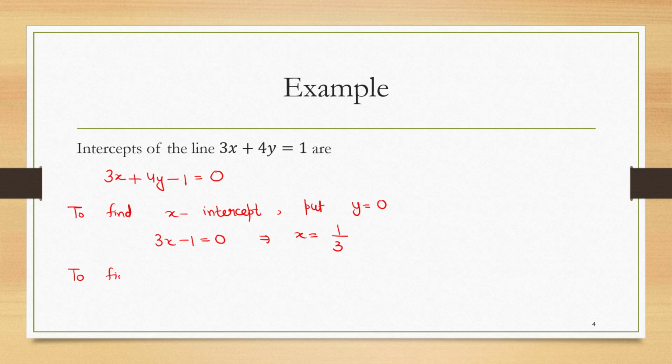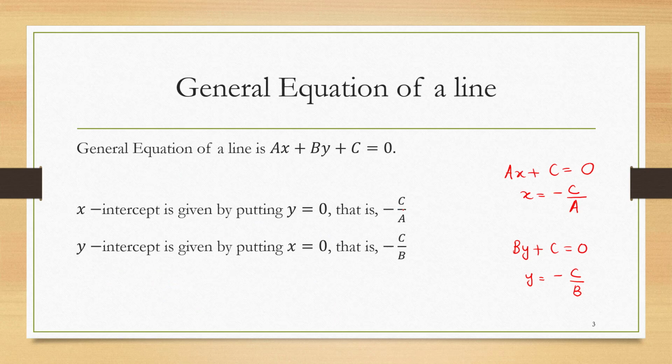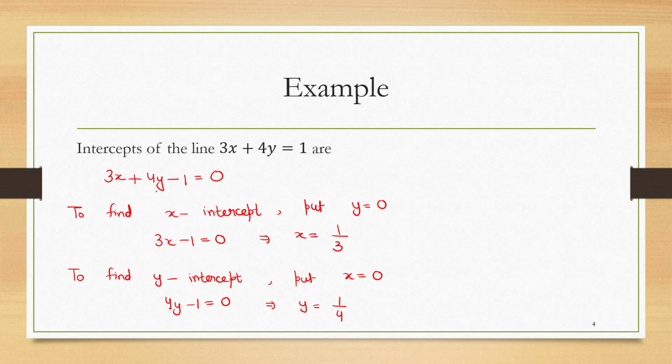Again, to find y-intercept, we put x equal to 0. If we put x equal to 0, we get 4y minus 1 equal to 0, or y is equal to 1 by 4. So this is the y-intercept. By not putting and directly using these formulas, that is minus c by a and minus c by b, we can also see that x-intercept is minus c by a.